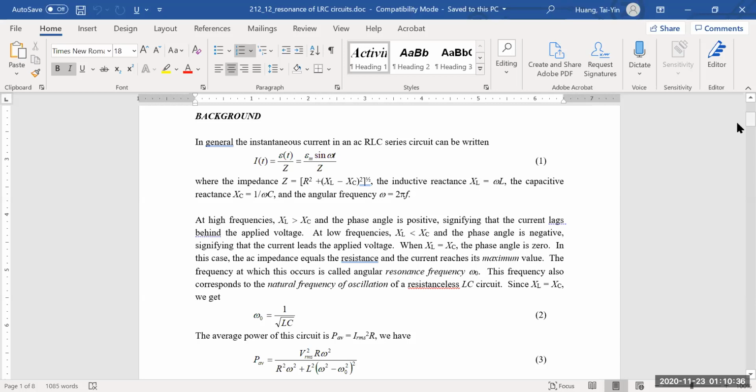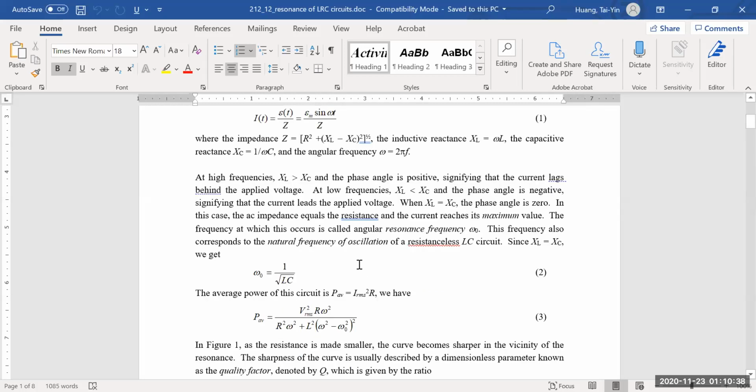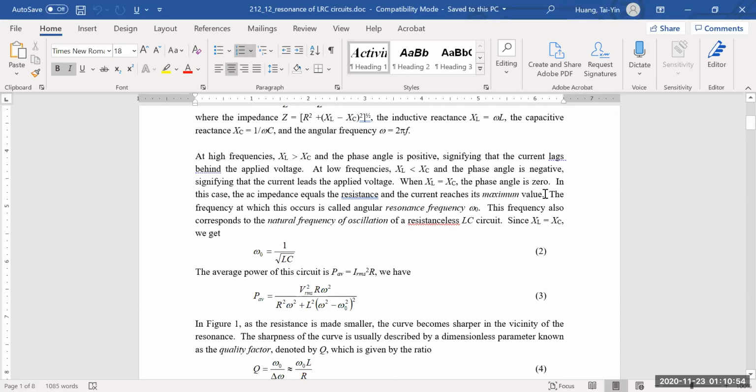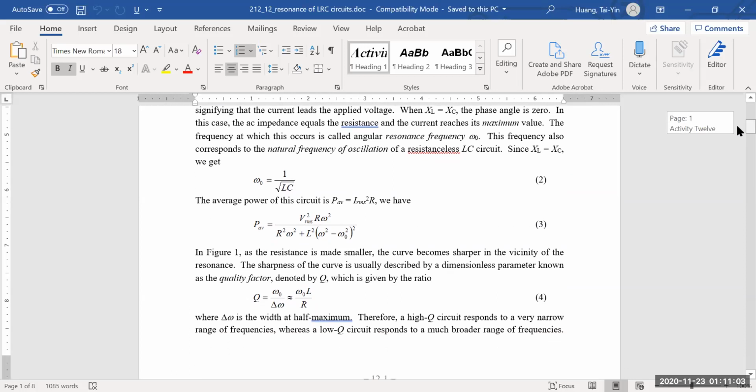Several things happen when the circuit is in resonance: your current becomes a maximum value, XL is equal to XC, and Z is equal to R. In other words, the RLC circuit is like having only the resistance of the resistor in effect, and XL and XC just cancel each other.